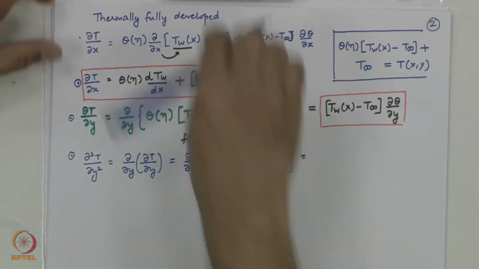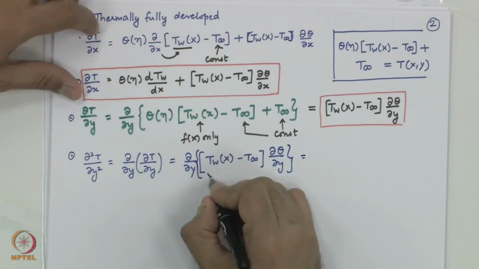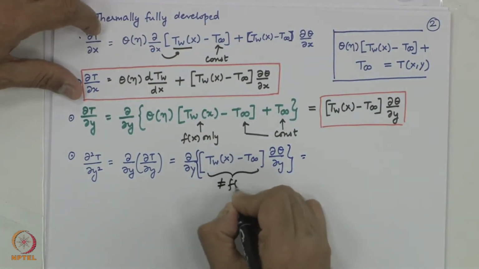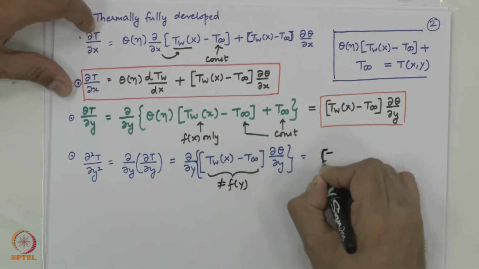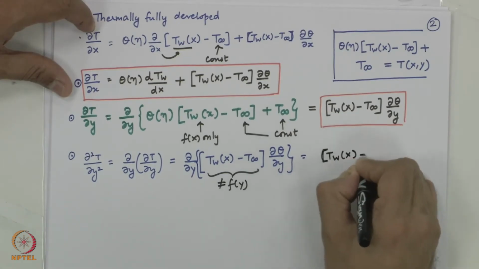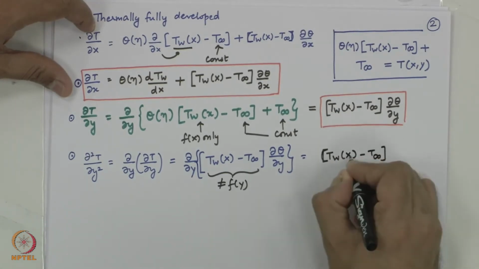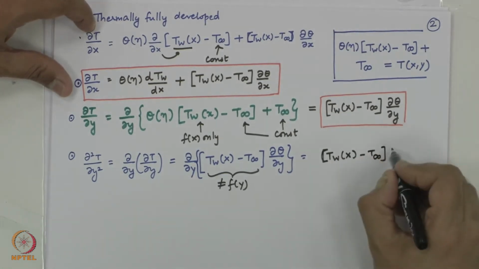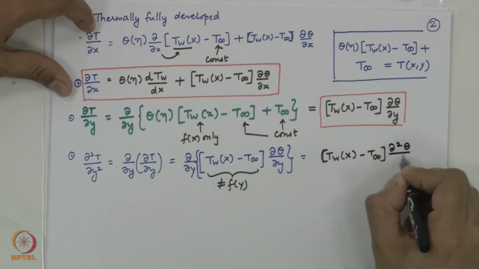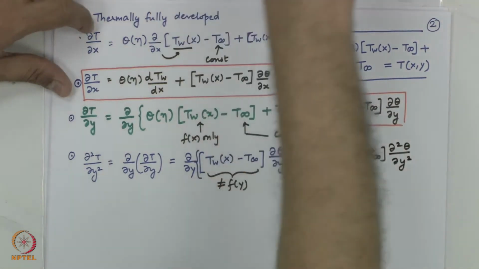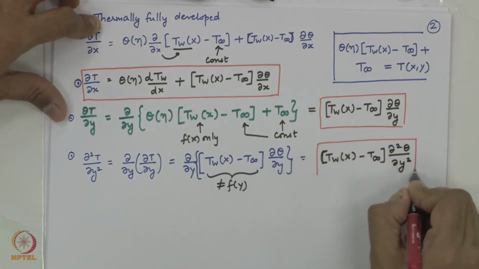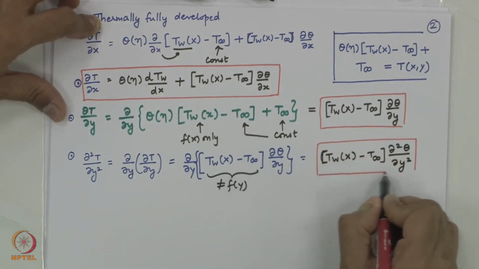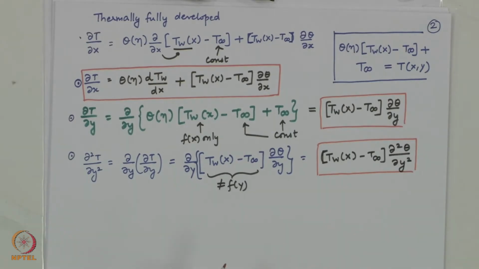Again, this bracket is a constant, so this is not a function of y. So, this can come out. So, we are left with tw of x minus t infinity d squared theta by dy square. So, this is my second derivative of temperature with respect to y.